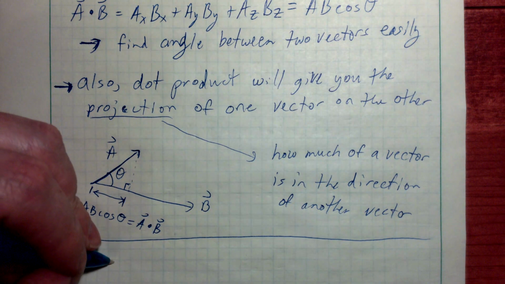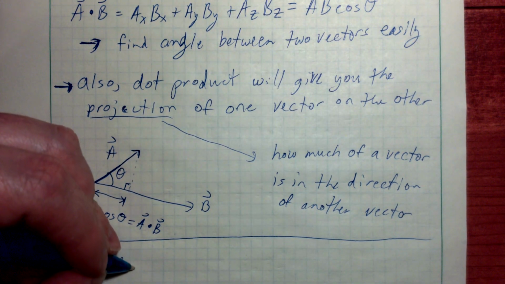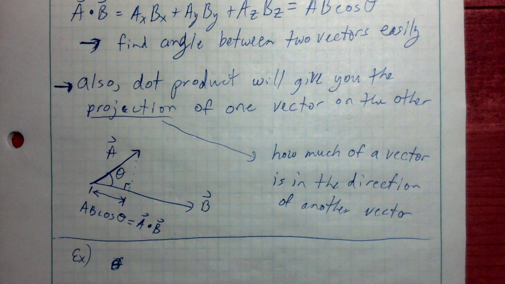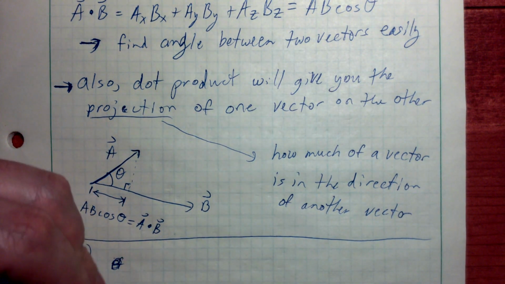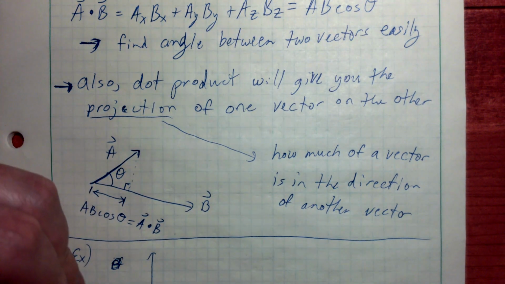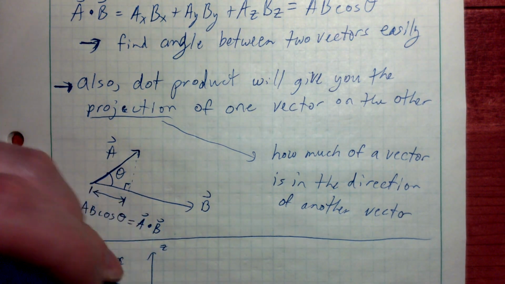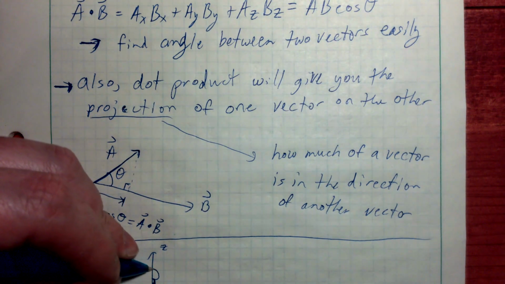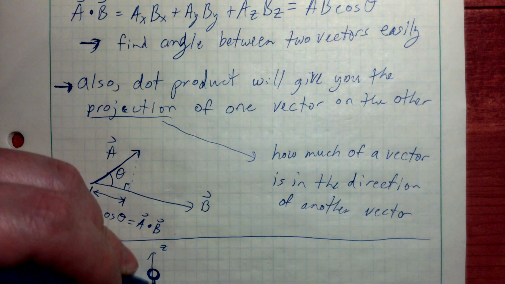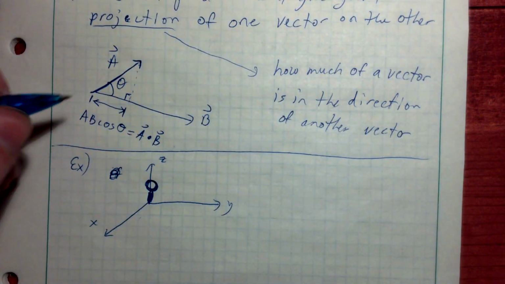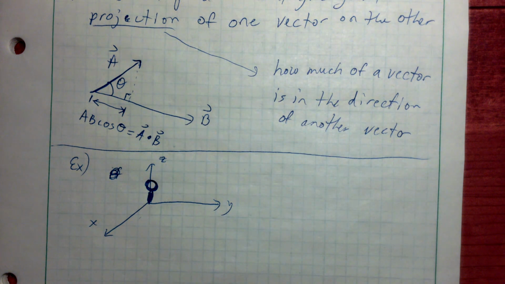Let's say I've got X, Y, and Z, and we'll say that I've got some sort of a ring attached to the origin here, and I've got two vectors applied to it.